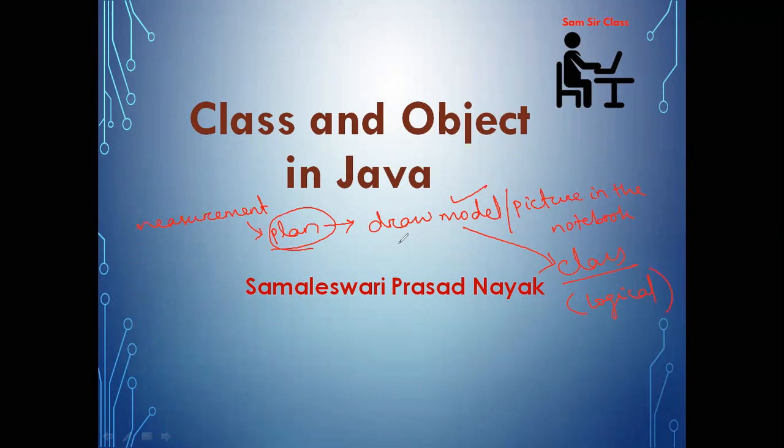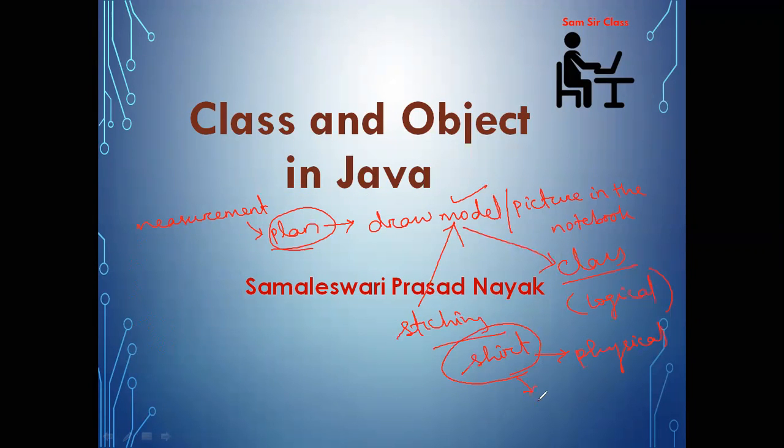Okay, it has a logical existence in the notebook itself. But why has that model been designed? By following that particular model, the stitching work will be done, and the shirt will be completed. Clear? When the shirt is originally completed, we can wear it, and it will have a physical existence in the real world.